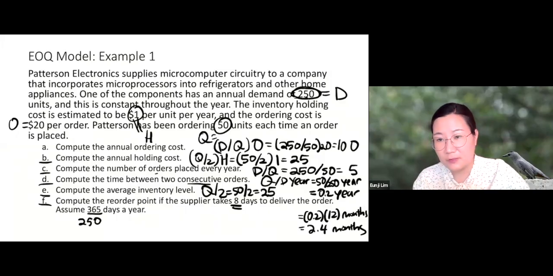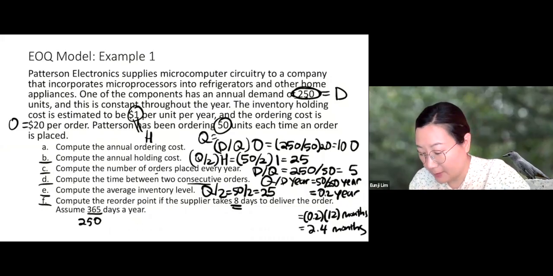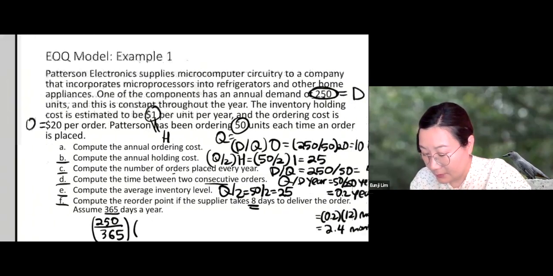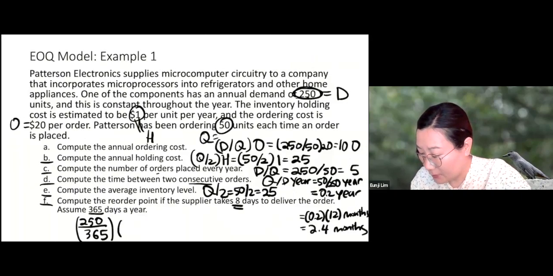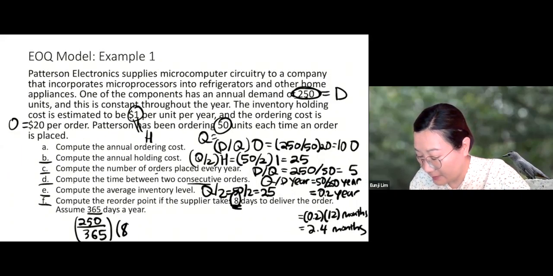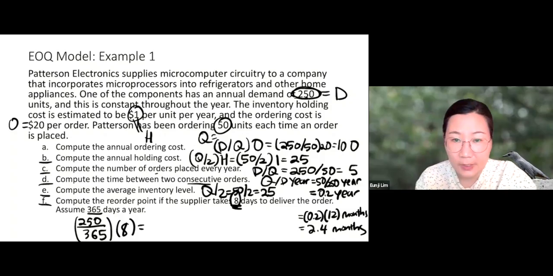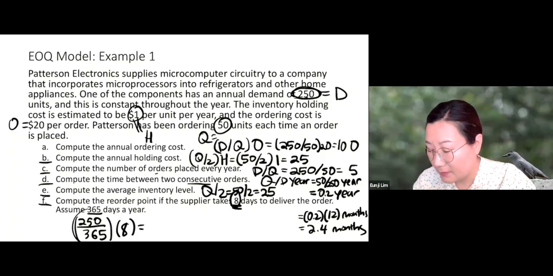How can you convert this into a daily demand? Divided by the number of days in a year, right? So that's the daily demand times the lead time in the number of days. So what's the lead time? 8 days, right? So 8 times this ratio, that's 5.5.